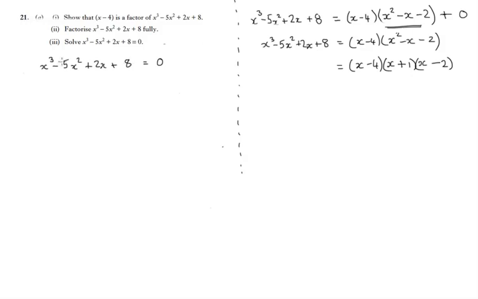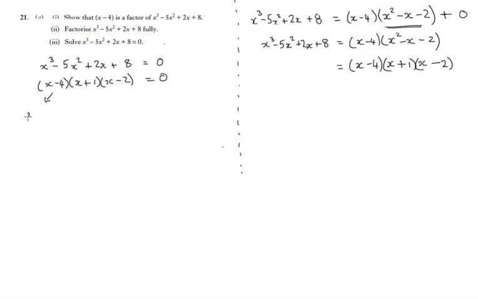Our task is to factorize the left hand side. We've done it. x minus 4 times x plus 1 times x minus 2. There are 3 factors. So this times this times this gives me 0. Somewhere in this product there's a 0. There has to be a 0 lurking away.